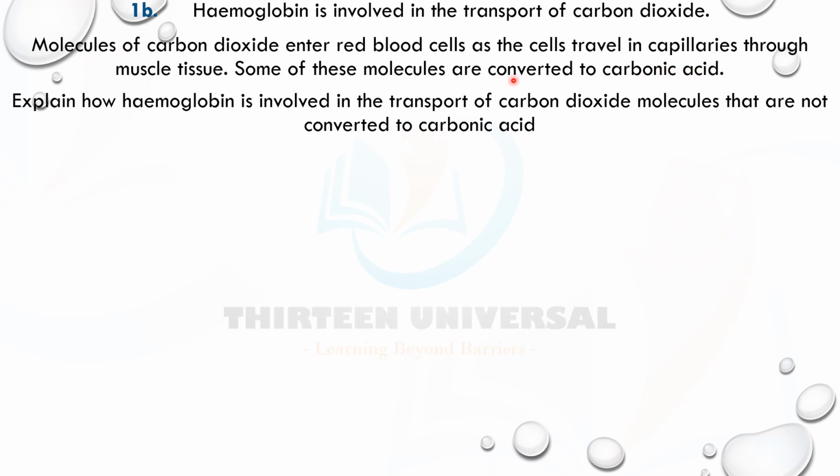Carbon dioxide combines with water, catalyzed by carbonic anhydrase, forming carbonic acid, which dissociates to form hydrogen and carbonate ions. You know that. Explain means give us reason. Explain how hemoglobin is involved in the transport of carbon dioxide molecules that are not converted to carbonic acid.